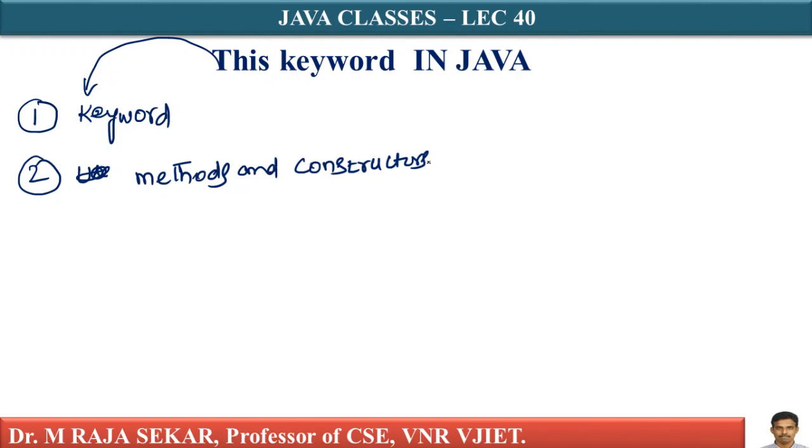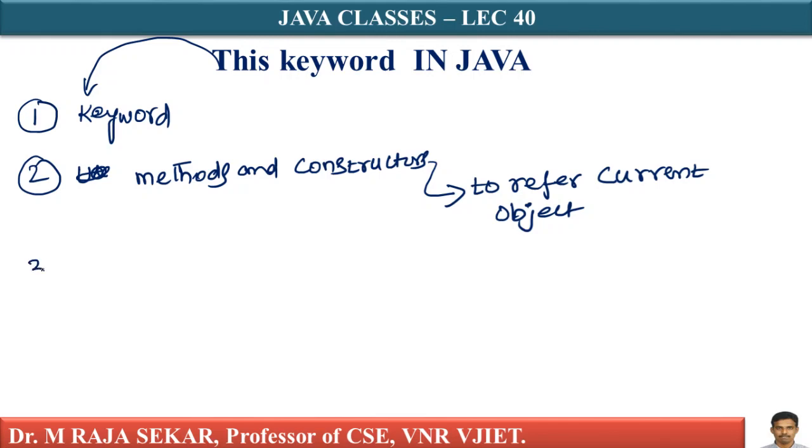Then what is the purpose? It can be used in methods and constructors to refer to the current object. We will demonstrate this with the help of a simple program. For the time being, just understand that this keyword is used in methods and constructors to refer to the current object.